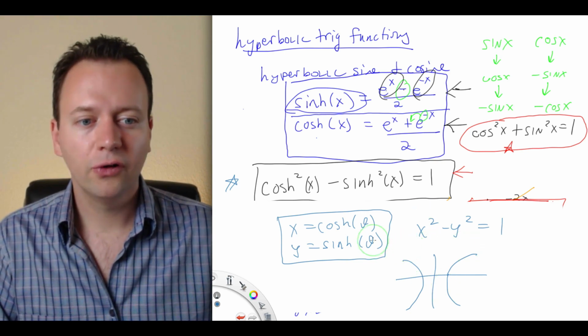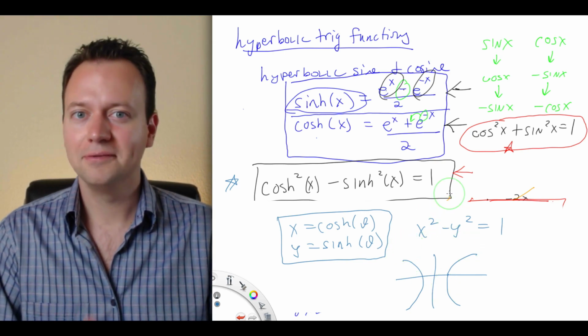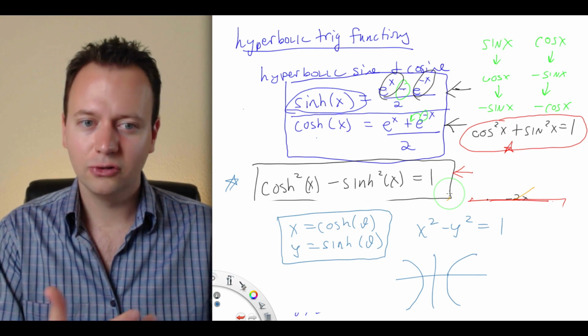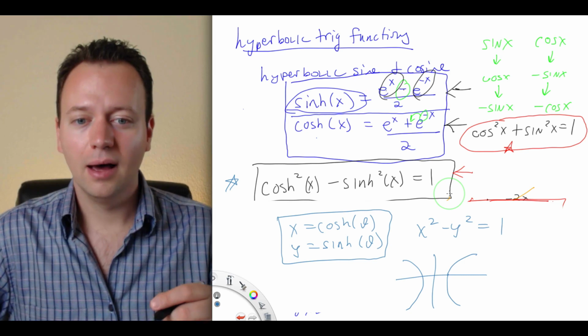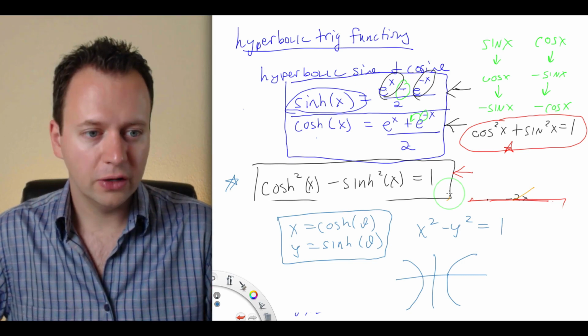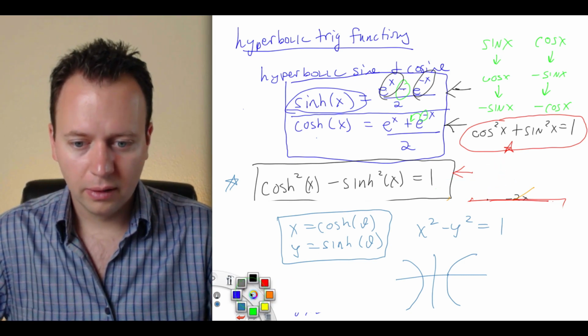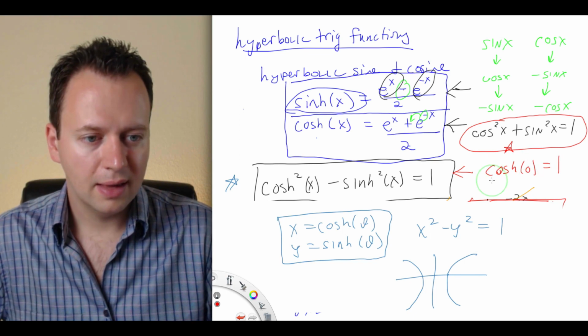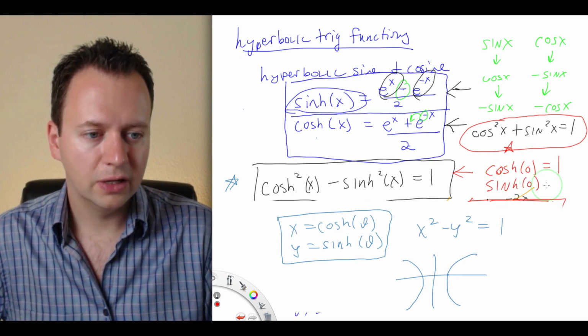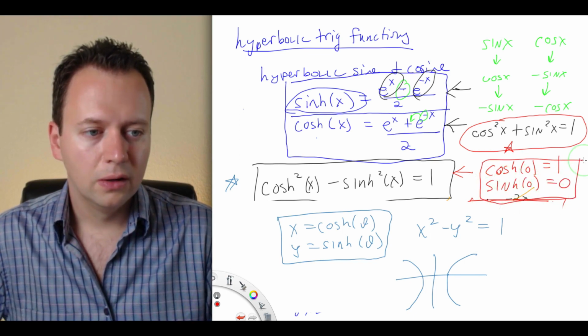So hyperbolic trig functions are also useful in differential equations and in certain applications because of the nice properties that cosh of 0, I mentioned this earlier, cosh of 0 is equal to 1, and then sinh of 0 is equal to 0. Right?